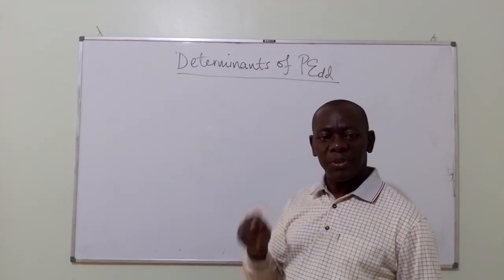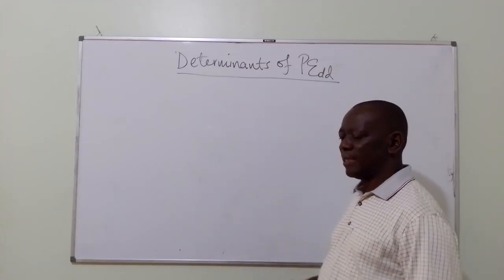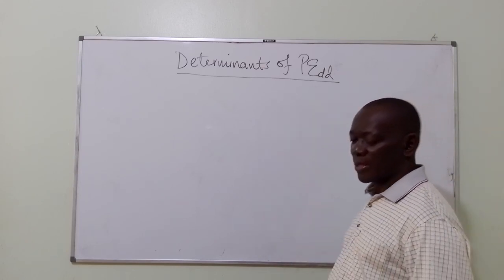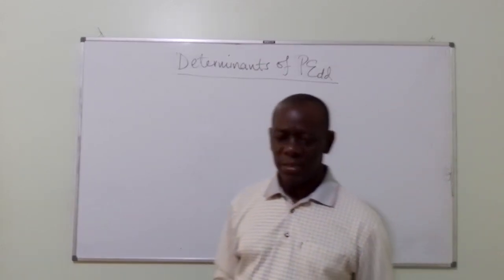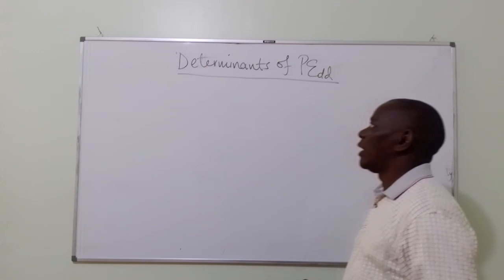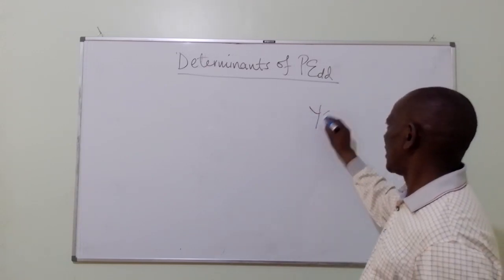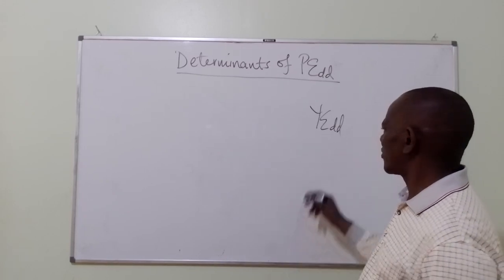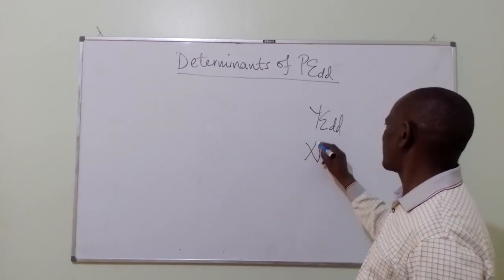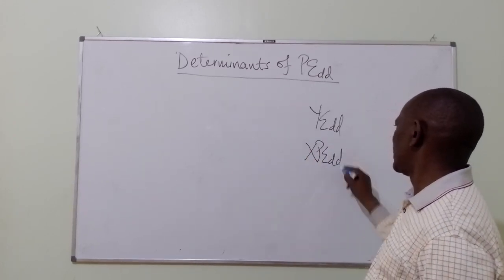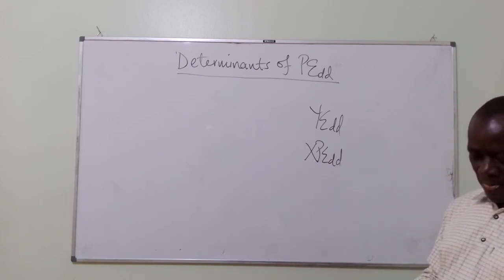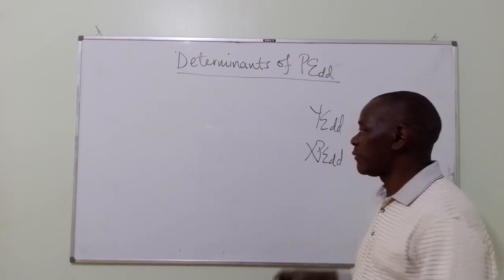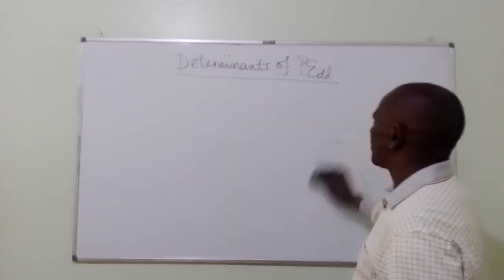The moment you see P with E and D, then you know it is price elasticity of demand. And when we come to another, which is income elasticity of demand, and another called cross price elasticity of demand, that's how we write them, but we are going to see them as we move on.